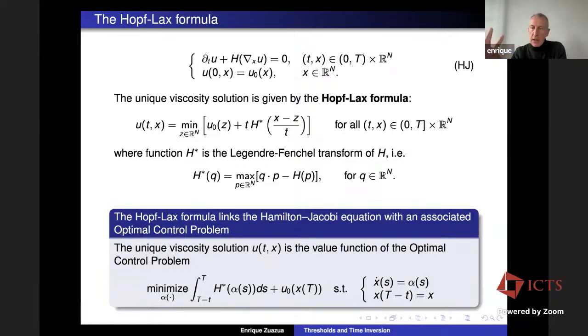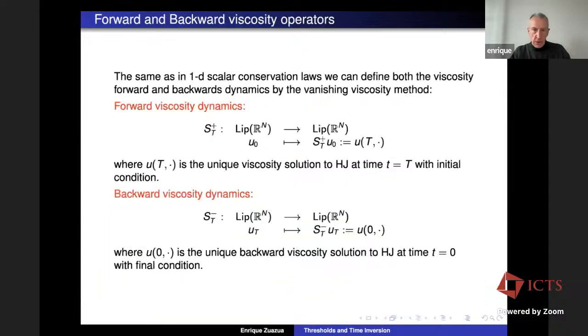So you know that the viscosity solution of Hamilton-Jacobi, when the Hamiltonian is convex, is characterized by this Lax-Hopf formula that you can use also in 1D for Burgers' equation, because after all, the solution of Burgers' is just the derivative of Hamilton-Jacobi, and this is what was used by Adimurthi and collaborators in order to tackle the problem of inverse design for Burgers' equation. Okay? Now, what can we do?